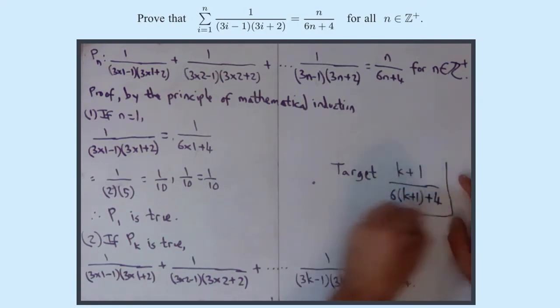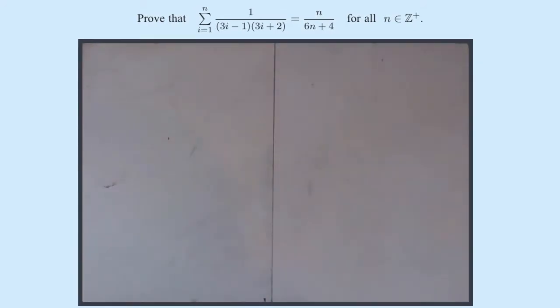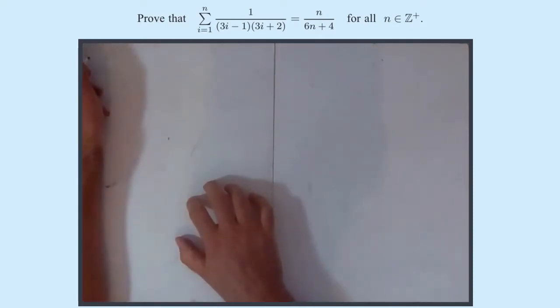That is what we're going to be looking to show. Remember, we assume that this is true, and then we show that the k plus 1th case is true whenever this is true. So for Pk plus 1, we write it in terms of the left-hand side, then we use our assumed bit to simplify it, and then we wrestle it into the target. That's always the strategy, always, for series.